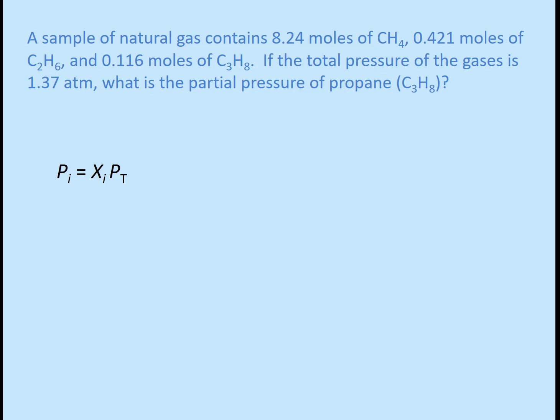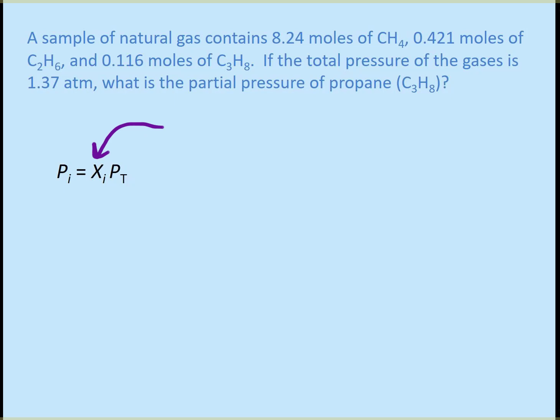And then it says if the total pressure of the gases is 1.37 atmospheres, what is the partial pressure of the propane? So we need to find the total amount of moles and then find that mole fraction. And we already know the total pressure. So really all we need to know is what this X is.